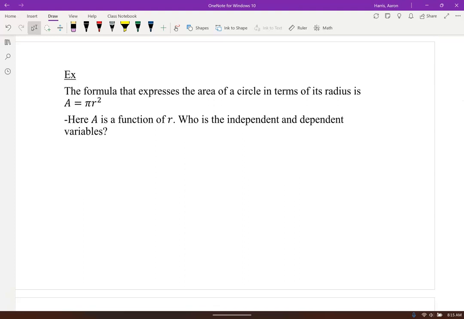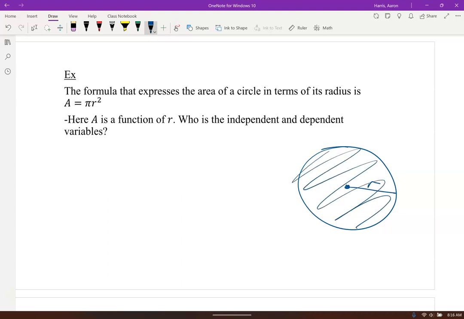So here we've got the formula for area. Remember, area of a circle, so how much that encompasses, right? The area of a circle is pi times the radius squared. So the independent variable is the radius, r.